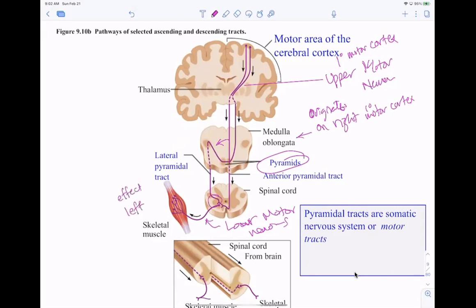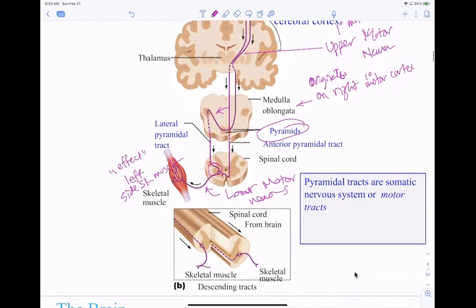Remember, these are effectors. The left side skeletal muscle. And so these are really long. These motor neurons are really long. There's only one synapse at the level of where that muscle is located, in that spinal cord or spinal nerve.